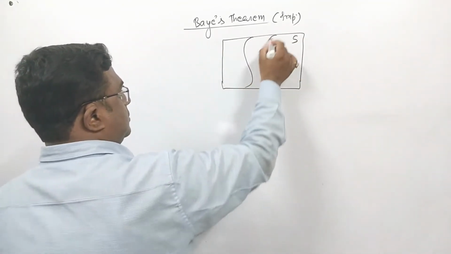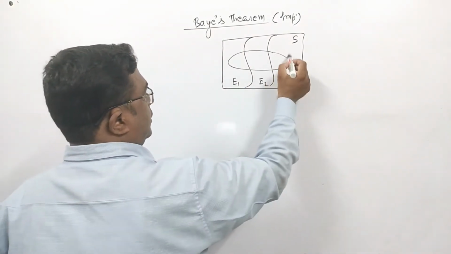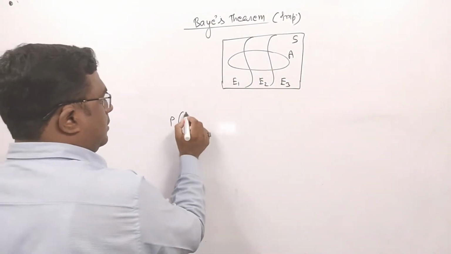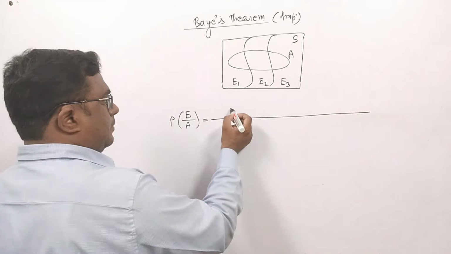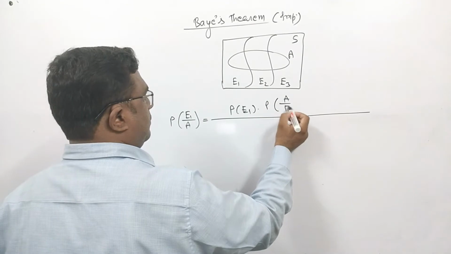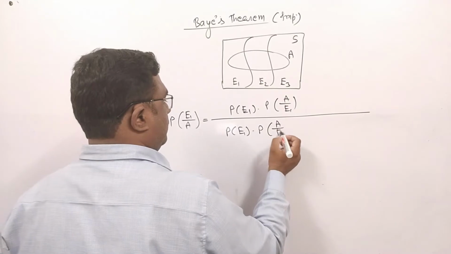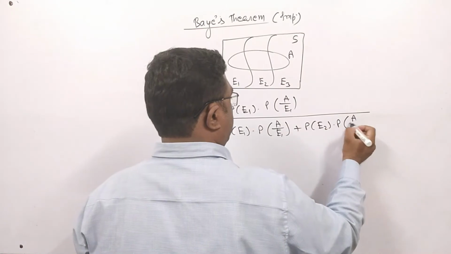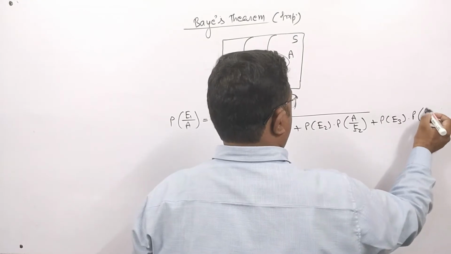There are 3 partitions, E1, E2, E3, and this is some another event A. According to Bayes theorem, P(E1 upon A) is equal to P(E1) into P(A upon E1) divided by P(E1) into P(A upon E1) plus P(E2) P(A upon E2) plus P(E3) into P(A upon E3).